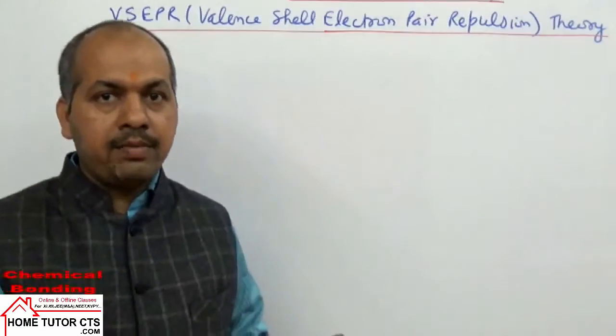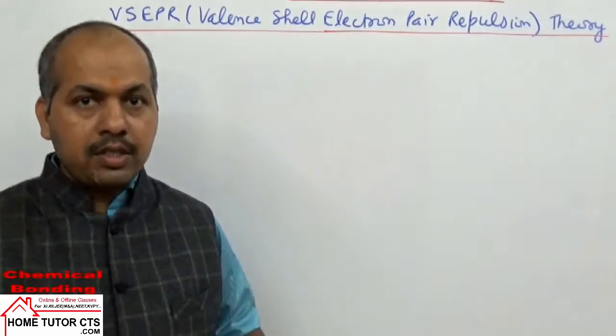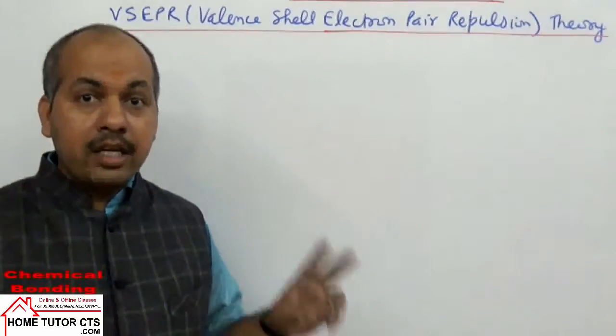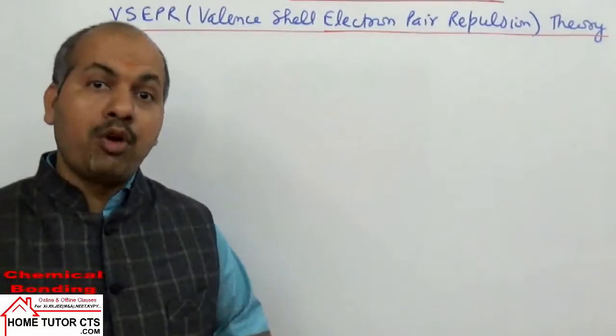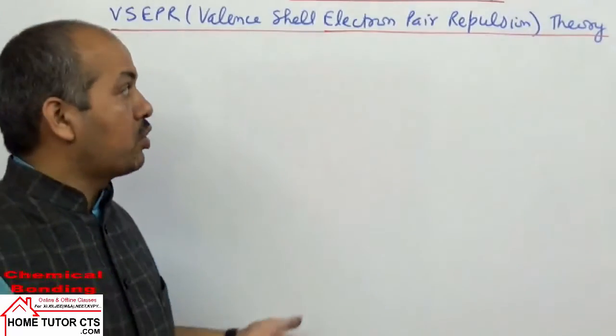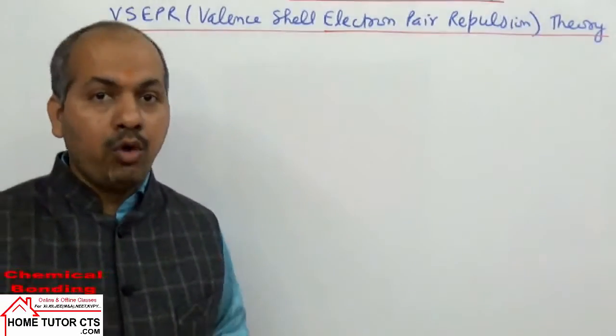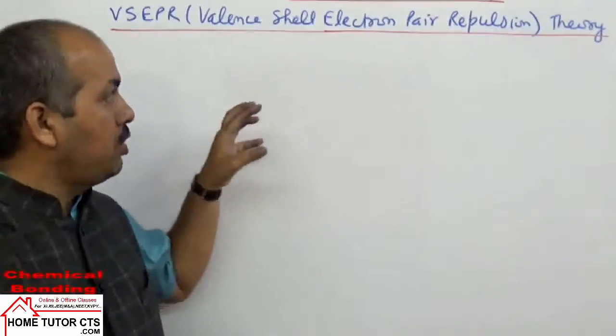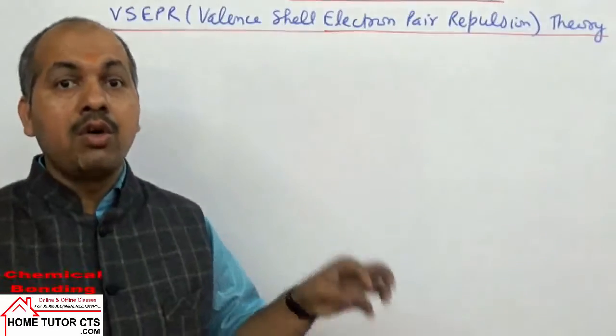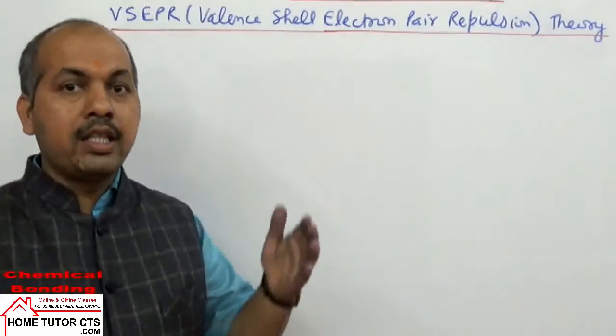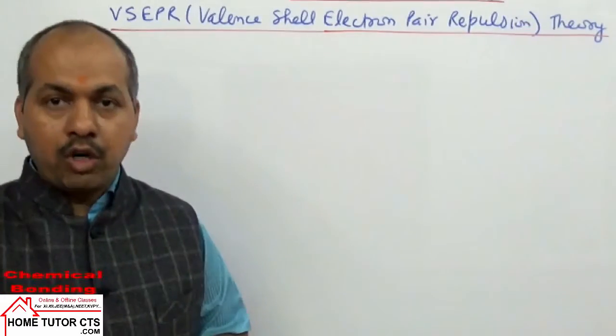On the central atom, we can have electrons in two forms. Either electrons are bonding, which form bond pairs, or we have electrons non-bonding, which form lone pairs. Already we have seen that non-bonding electrons form lone pairs and the bonding electrons form bond pairs.